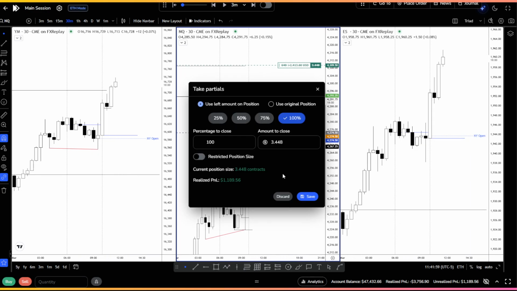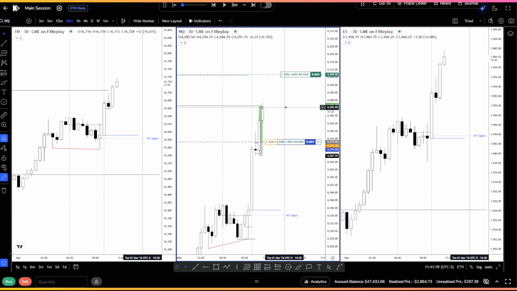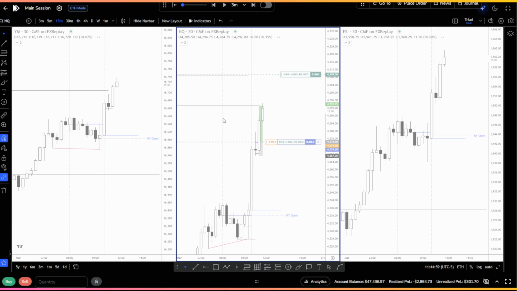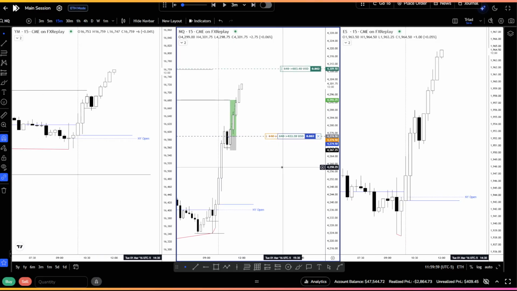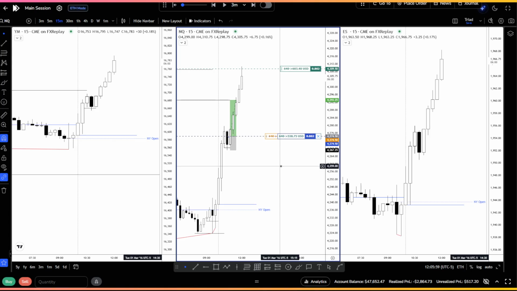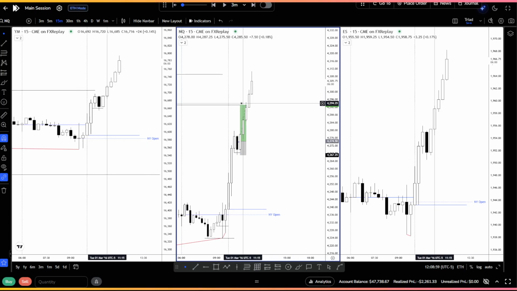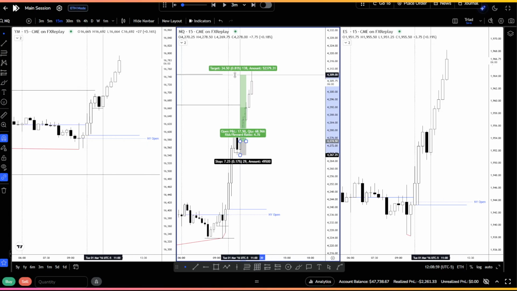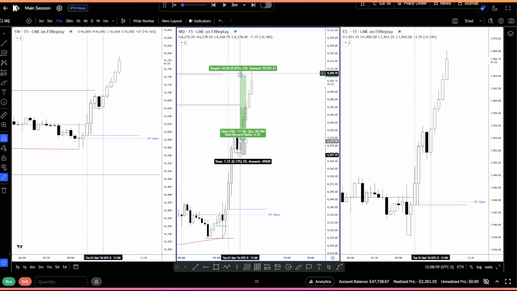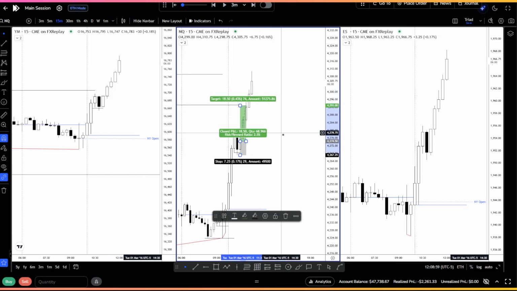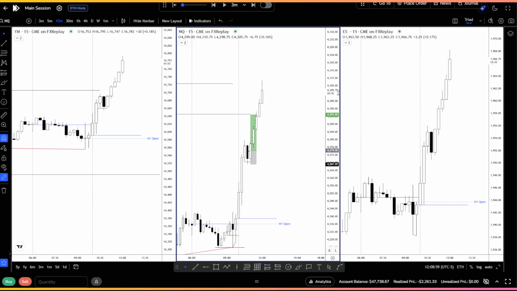Yeah, I'll take partials here, 75. Let's see if we get a new phase of price. No phase of price, it just rips. Really decent trade. Nice trade. So partials to 4 points and 6 are not a bad trade for me after a really long time. Damn.